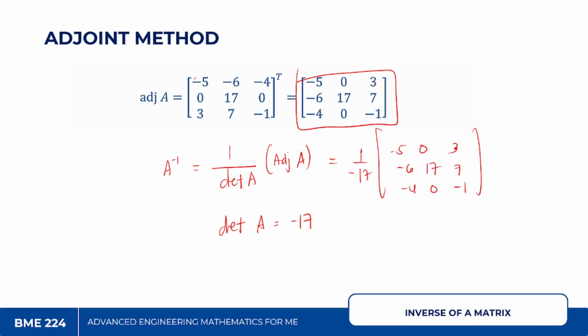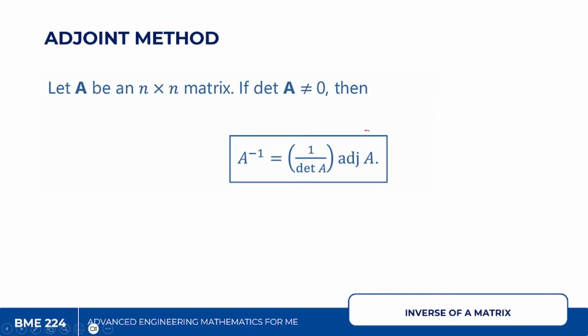And this is basically a scalar multiplied by each of these elements. Makukuha mo na yung inverse ng matrix A. Okay? So again, using adjoint method, makukuha mo yung adjoint, you just multiply it with 1 over the determinant of A. Considering that the determinant of A is not equal to 0. Kasi kapag 0 yan, that is undefined. Okay? 1 over 0 is undefined.